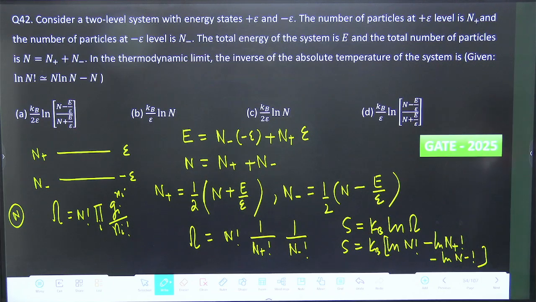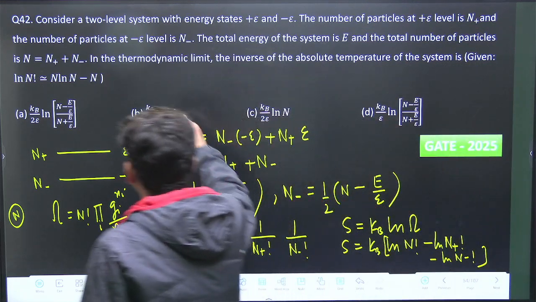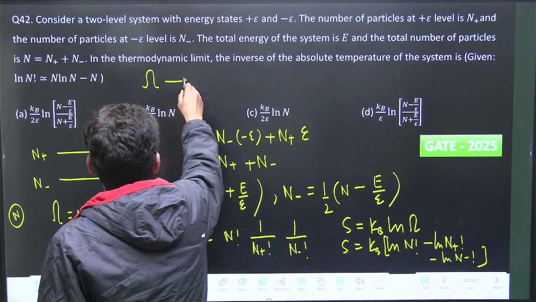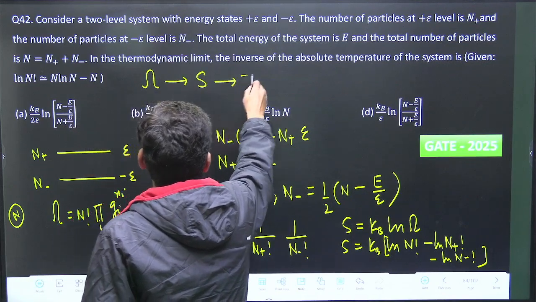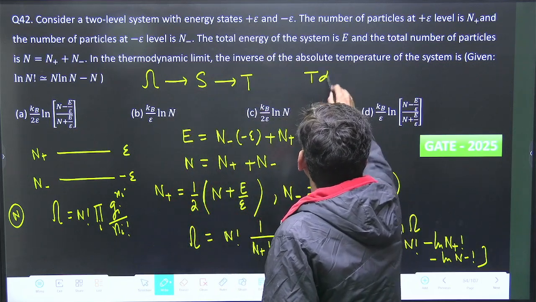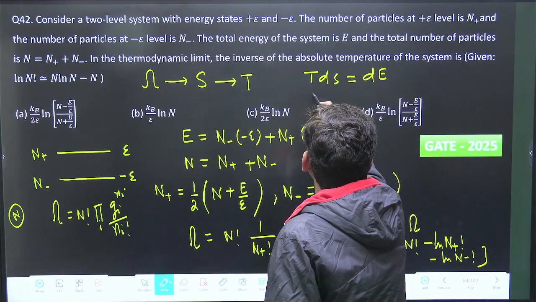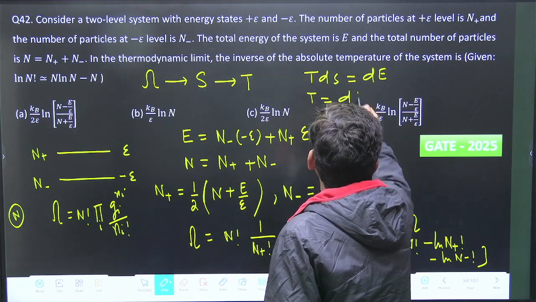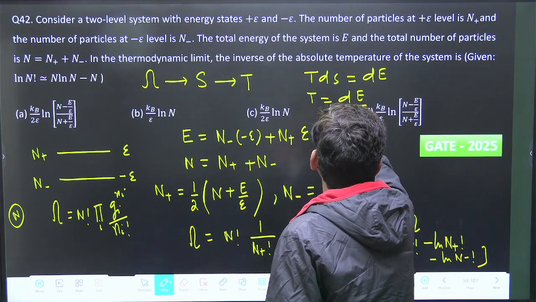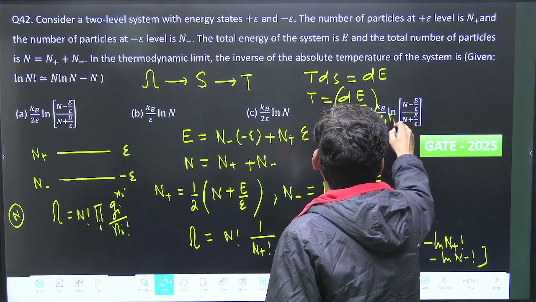Now what is my way of calculation? I will calculate omega, then I will calculate entropy, and from entropy I will calculate temperature, because you know TdS is equal to dE for constant volume. So T will become dE by dS at constant volume and number of particles.